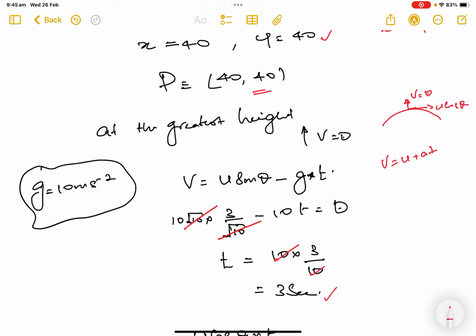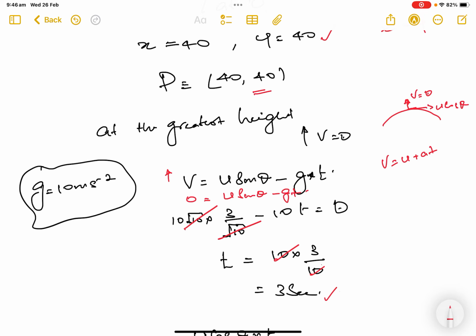If you use the suvat equation again, v equals u plus at, where u is u sine theta vertically, and of course minus g since g acts against the upward direction, so minus gt. From v equals 0, the equation becomes 0 equals u sine theta minus gt.